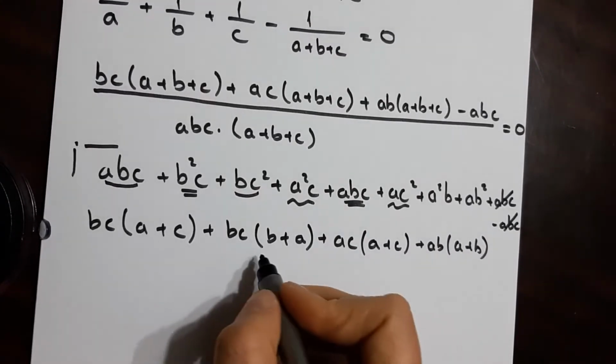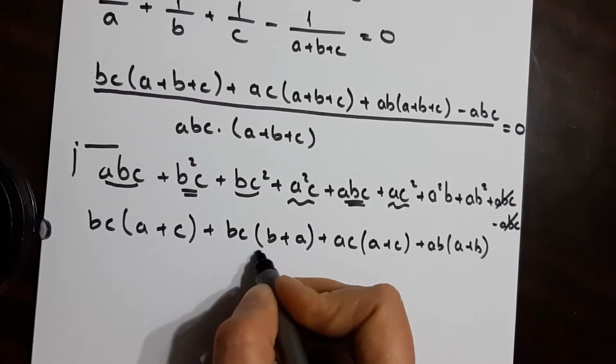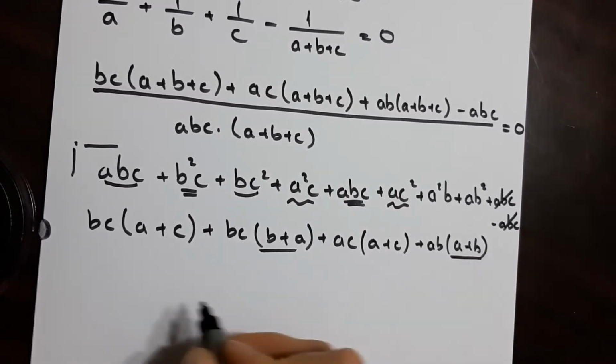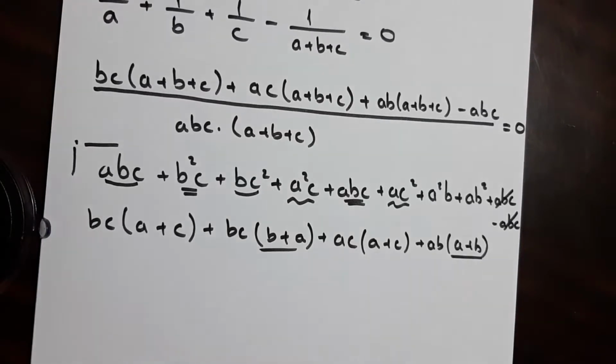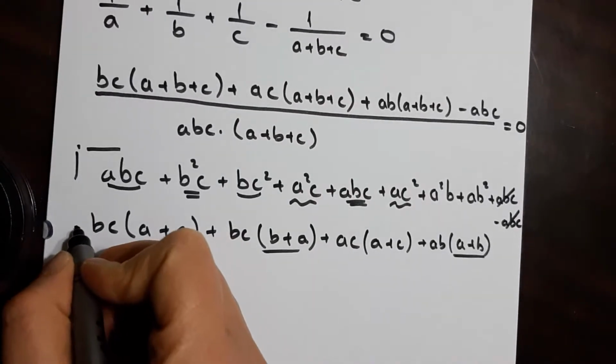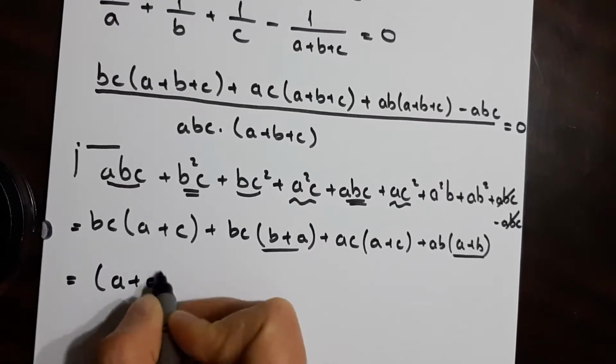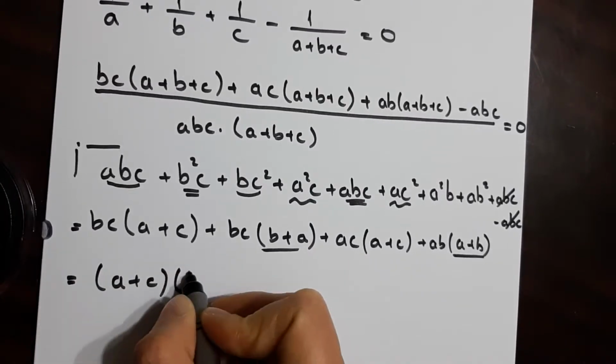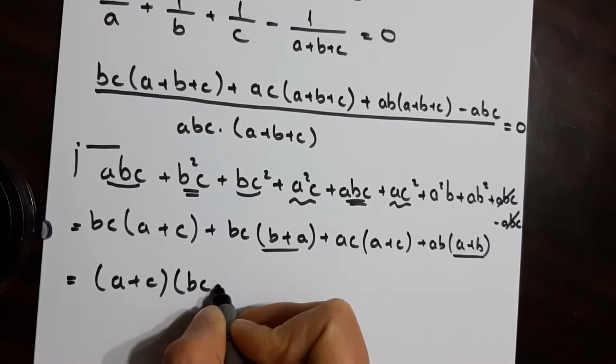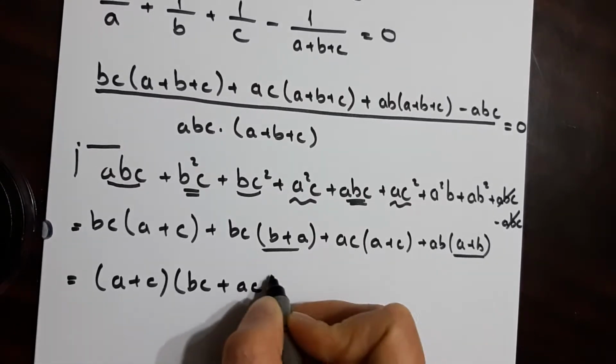So as you see, we have a plus b or b plus a here, a plus b here, a plus c here. So I have two more same terms. If I will take a plus c in front of the parentheses here, I will have bc plus ac.